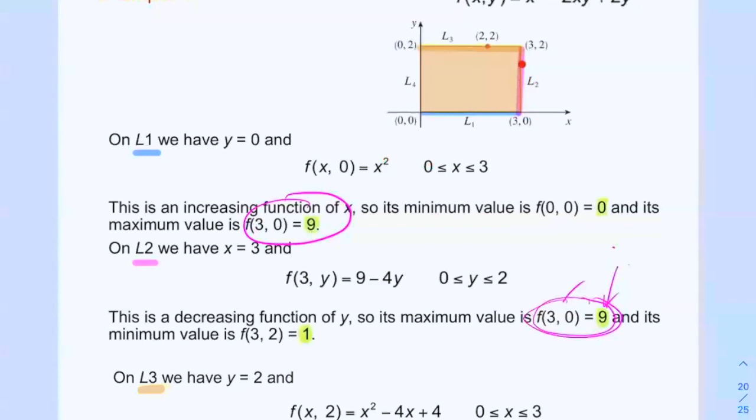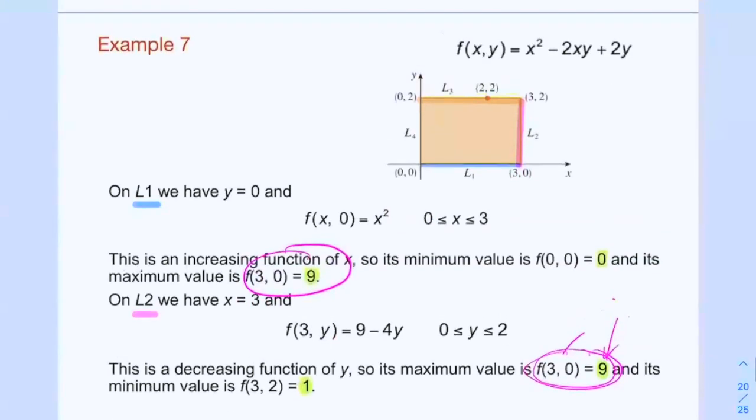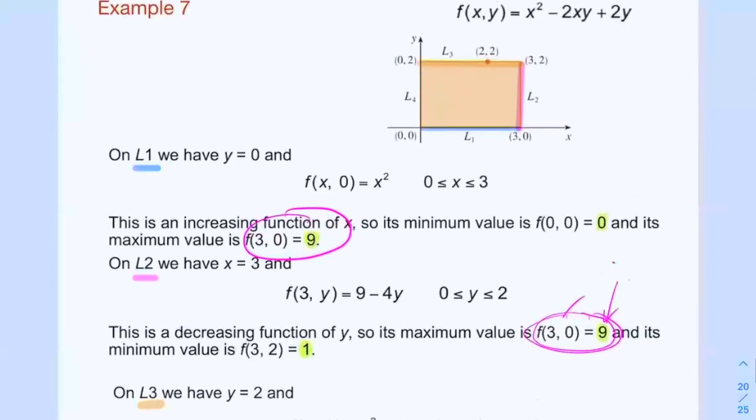Along L2, what's so special about L2? On L2, the x coordinate is always 3, right? Now you're going to substitute x to be 3 here, and that is going to simplify into this function. And notice that y here changes from 0 to 2.